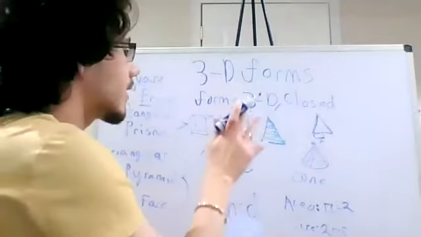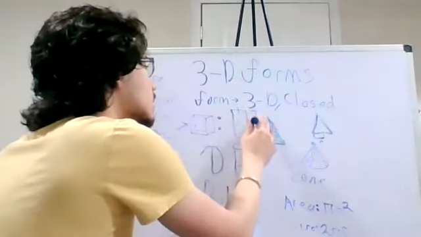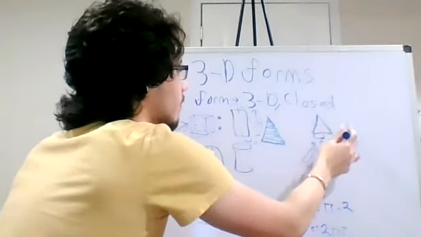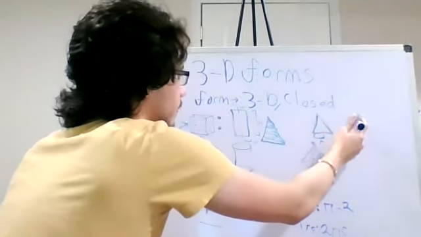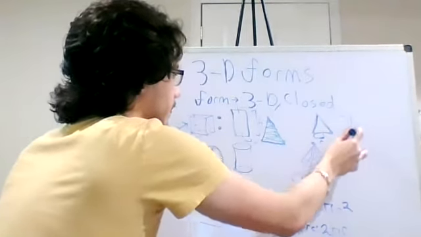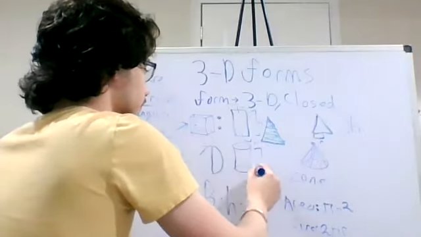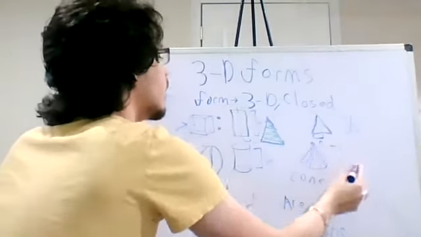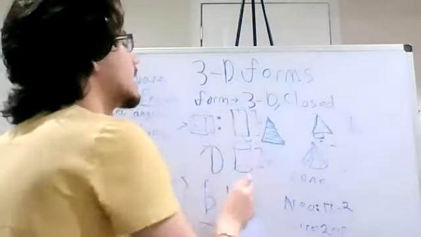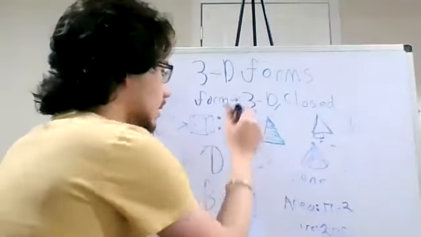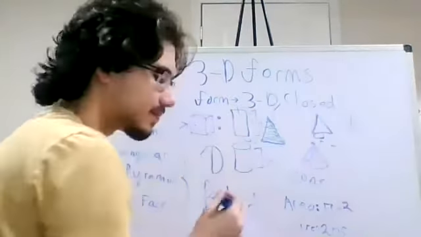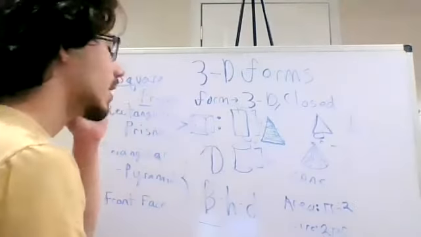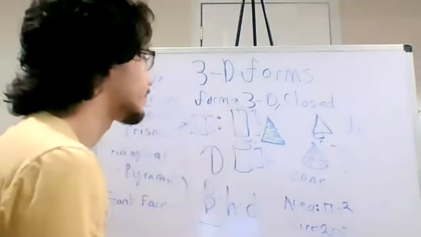And because it is a front-facing view, the height will be the same as the other heights. So from the front-facing view, we can understand the height of the cylinder and the cone. And correspondingly, we can find this of all of the other forms.